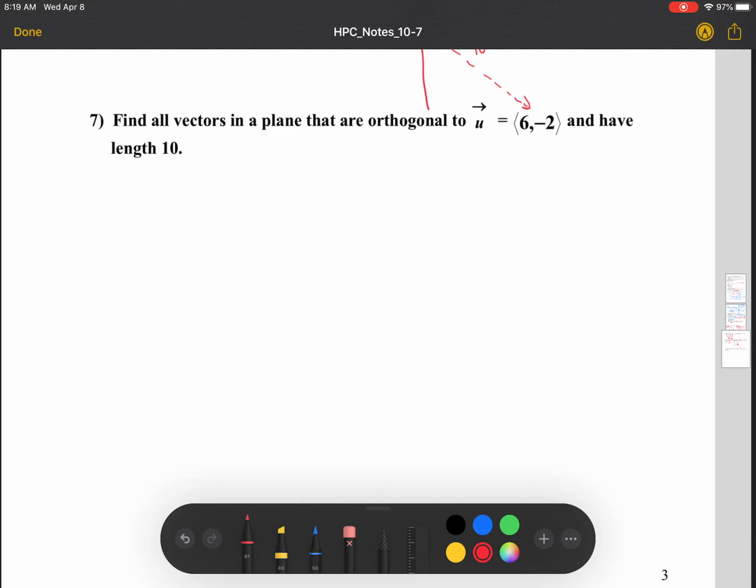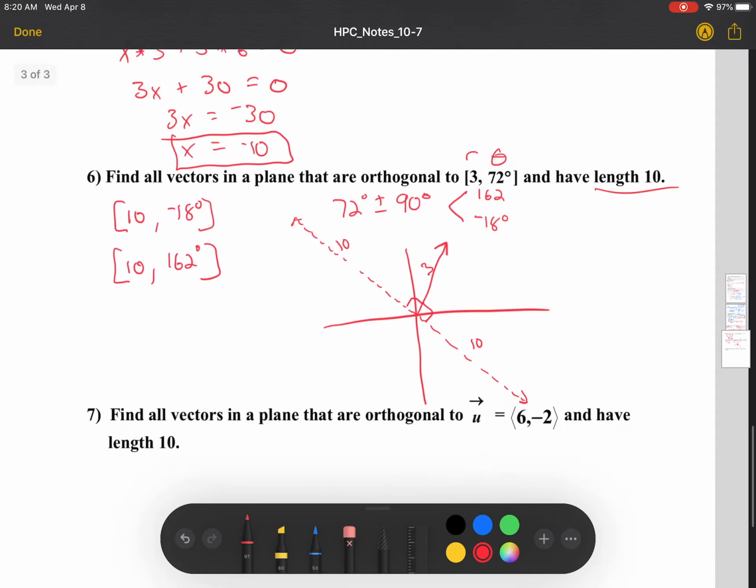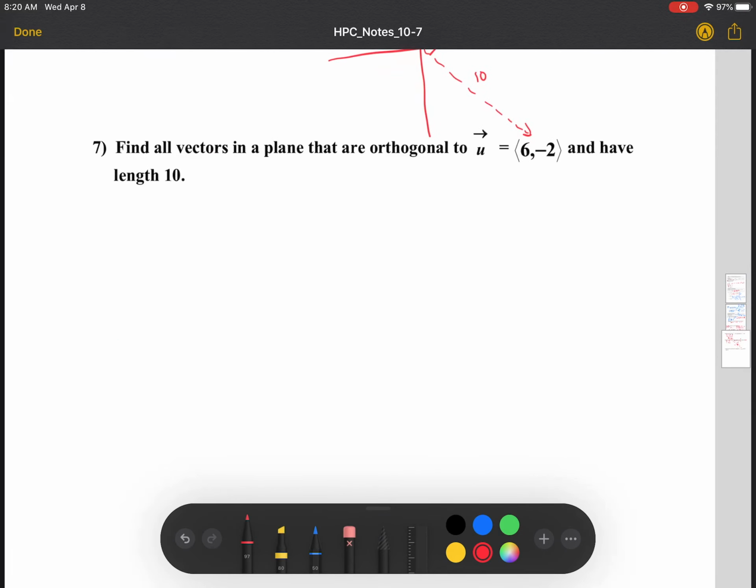All right, so think about it this way. If you got our vector 6, negative 2, okay, we need to find something perpendicular to it. So I'm just going to say our m for this is going to be negative 2, 6, right? I'm just doing my rise over run.